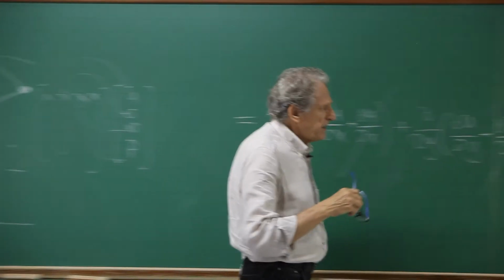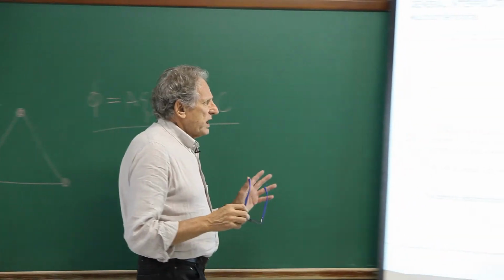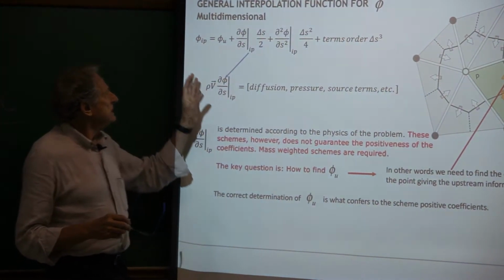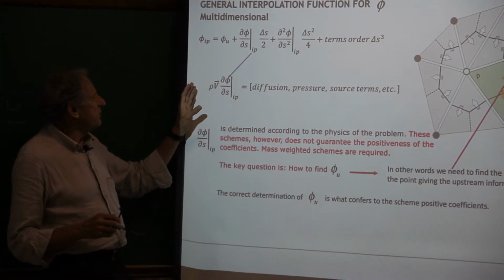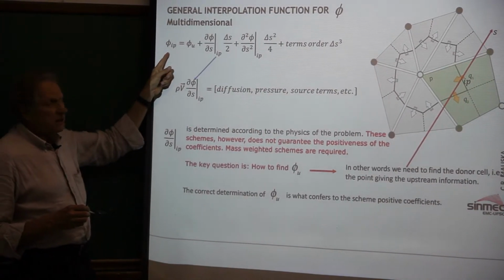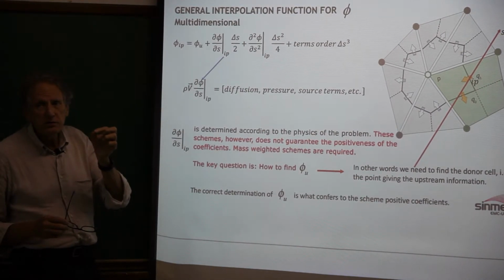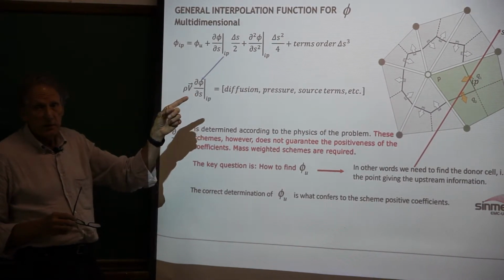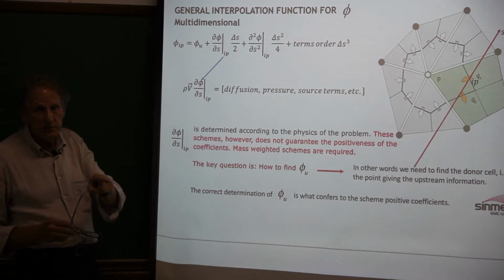And this is one possibility, to have an interpolation function for phi, where you say that what we need to do is, remember the equation, we need phi at the integration points.